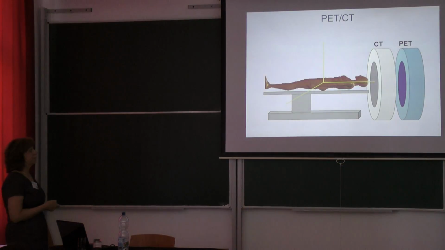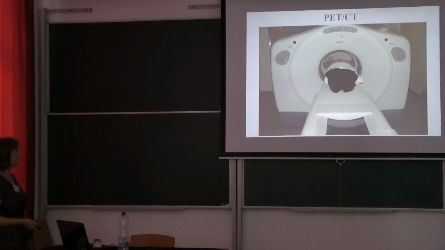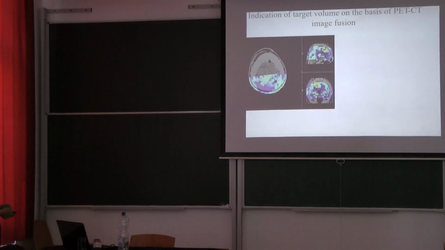And the PET-CT gives us immediately the CT data and the PET data as well, and we can use the same. It is hard to see, but believe me, this is the same immobilization used during the PET-CT.